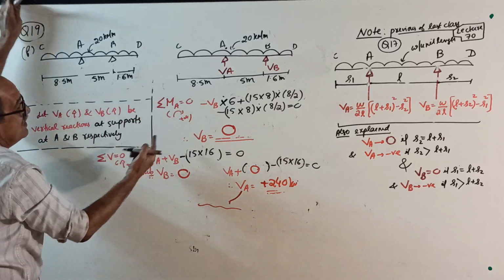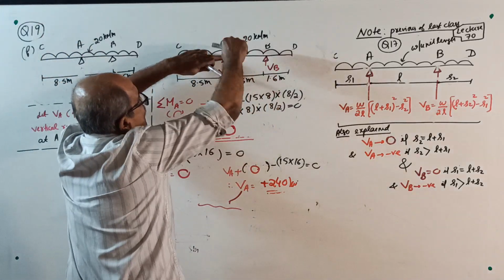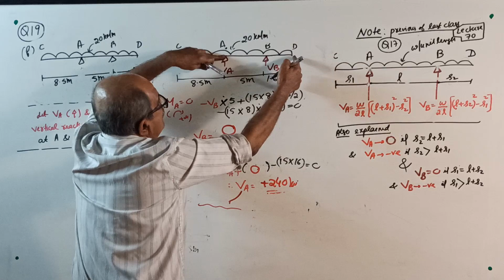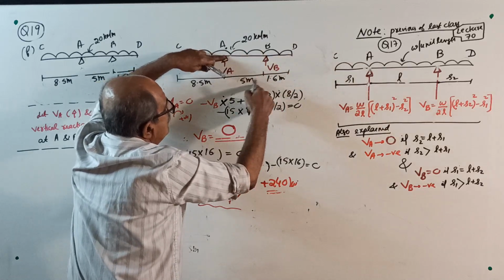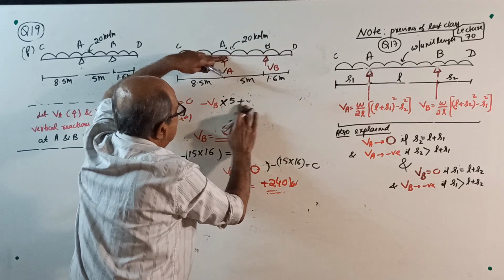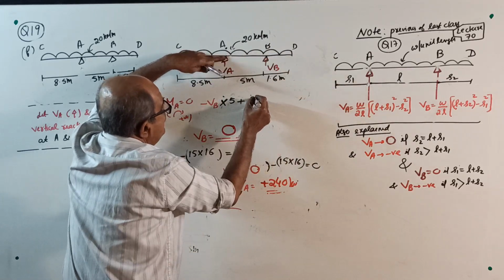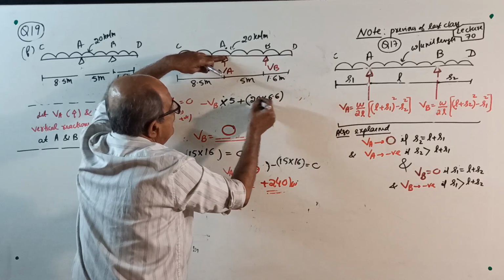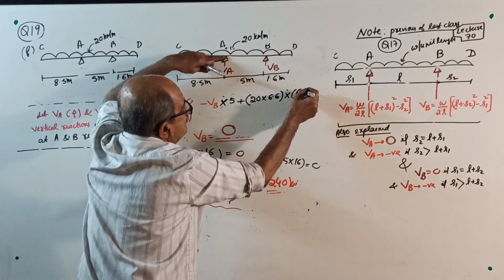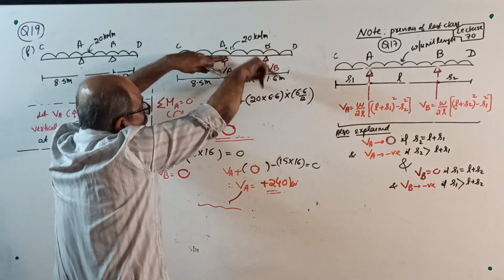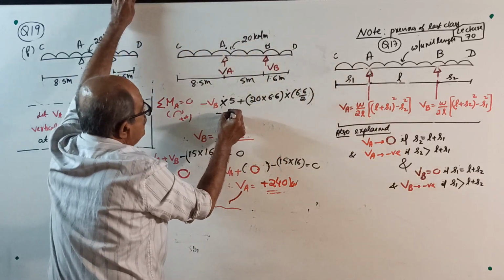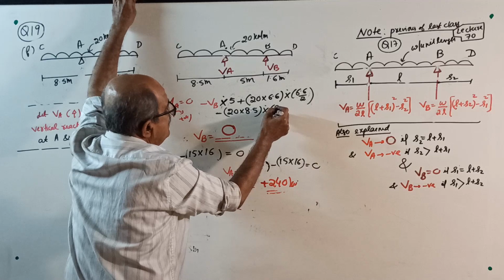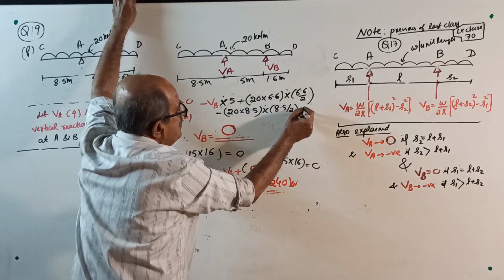Later, okay, now start. Take moment about A. Minus VB into 5 plus 20 into (5 plus 1.6) is 6.6, into 6.6 by 2, that is clockwise, minus 20 into 8.5, the total load here, into 8.5 by 2 equal to 0.